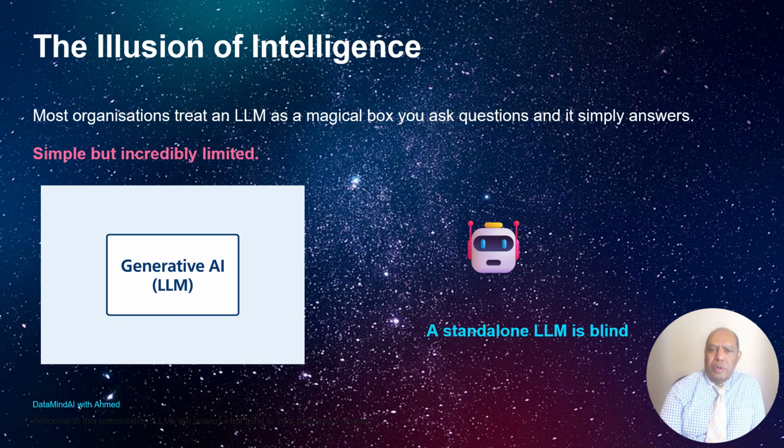It knows nothing about your processes, nothing about your constraints, nothing about the context that actually matters. And that is a fundamental challenge we have to solve. Because until AI can safely and reliably interact with the systems that run organizations, its potential will always be capped and blind.